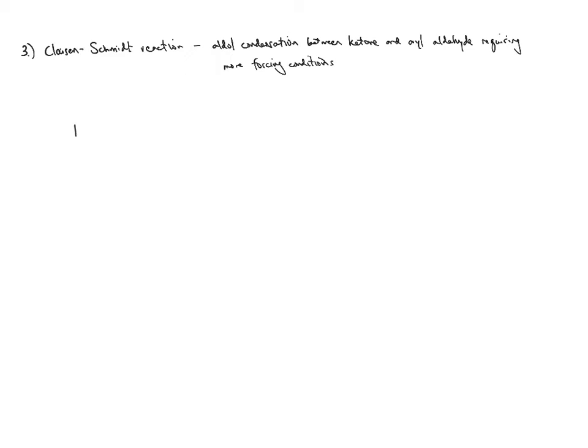Okay, so let's say we have this aryl aldehyde. Let's just say it's a 3-pyridyl aldehyde. And we're going to react it with this fancy ketone. Now again, don't lose the forest for the trees, right? This is just a ketone with some alpha protons and an aldehyde, which is electrophilic. And so when we react this now, we're going to use 10% sodium hydroxide, so pretty high concentration of sodium hydroxide.